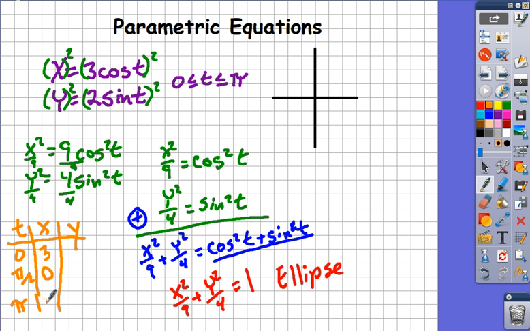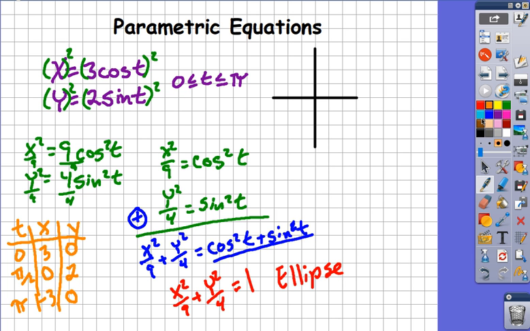And then the cosine of pi is negative 1, and negative 1 times 3 gives us negative 3. On the y side, the sine of 0 is 0, times 2 would be 0. The sine of pi over 2 is 1, and 1 times 2 is 2. And finally, the sine of pi is also 0, and 0 times 2 would be 0.